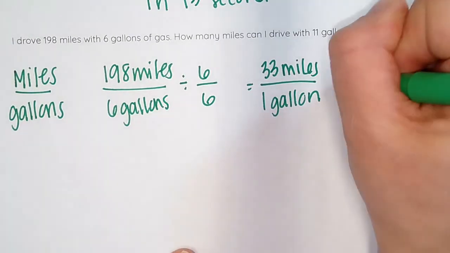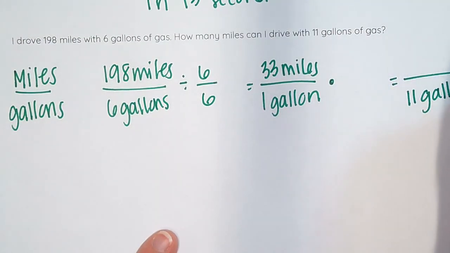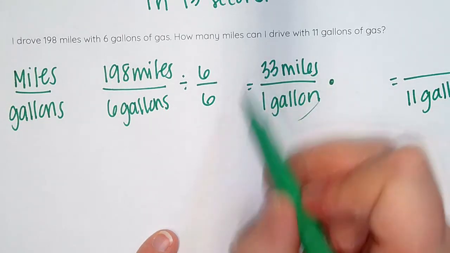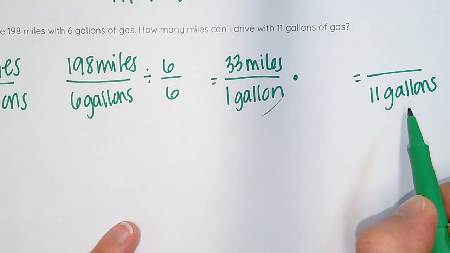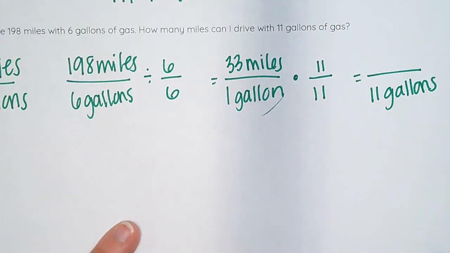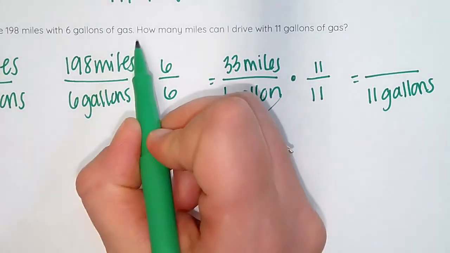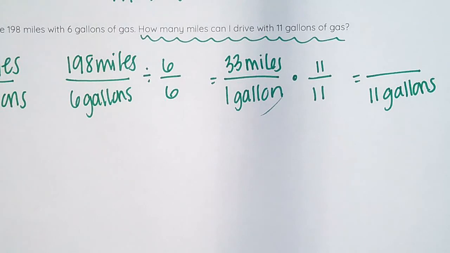But I want to know about 11 gallons. How do I get my unit rate to have 11 gallons of gas? Good. I multiply by 11 over 11. So what is the answer to my question? How many miles can I drive with 11 gallons of gas? Go ahead and type your answer into the box.